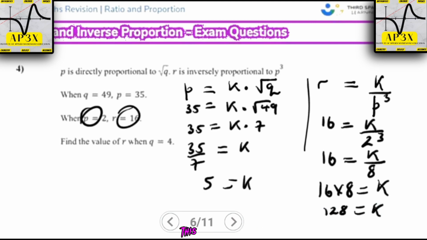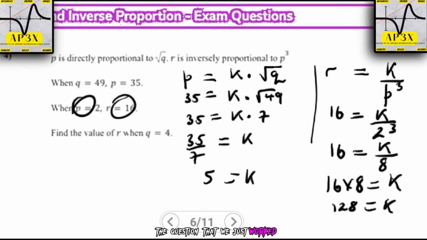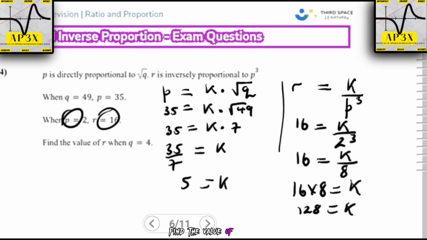This is kind of similar to the question that we just worked earlier. Find the value of R when Q is 4. So we're looking for R, which is in this formula over here, but we have Q, which is in the other formula.